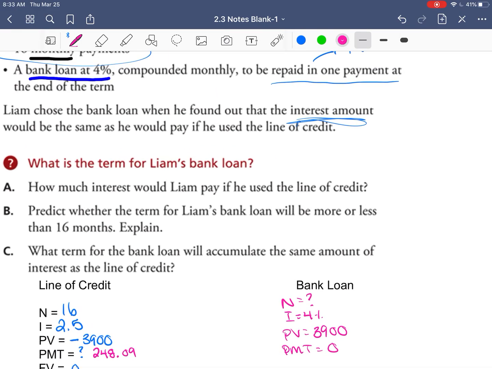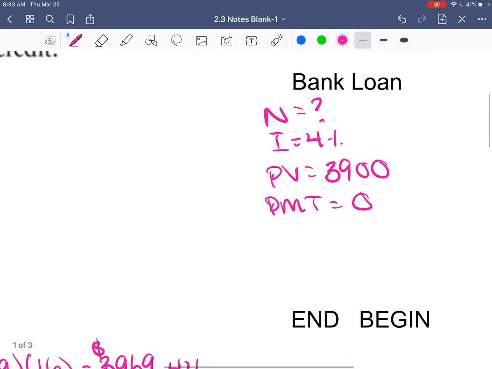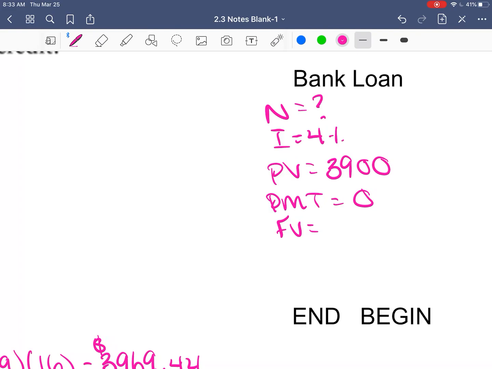Payment, he's not making any payments because he's going to do that one lump sum payment at the end. And if he's doing that payment at the end, we're considering our future value. But we know he's going to pay the exact same as he did with the line of credit. And so that is negative $3,969.44. With these two, it really doesn't matter which one is your negative in this case, as long as one of them is.